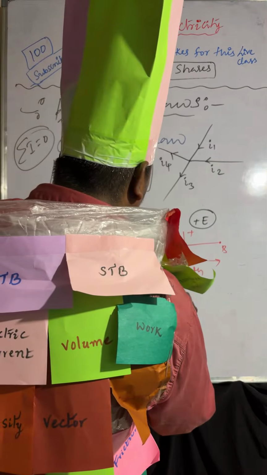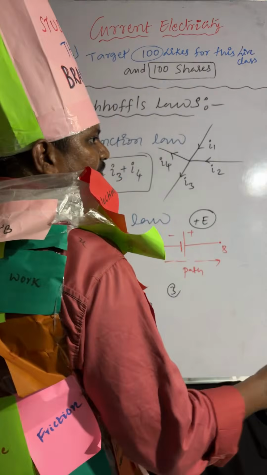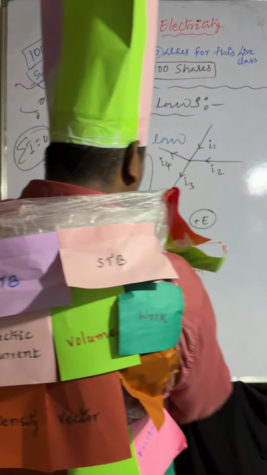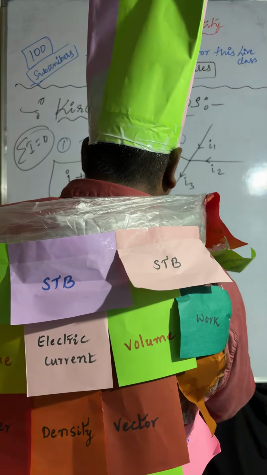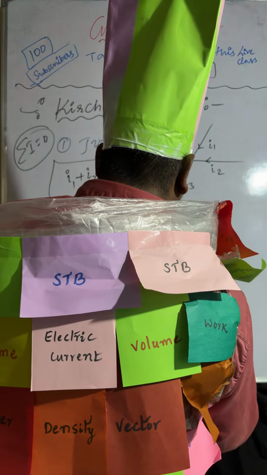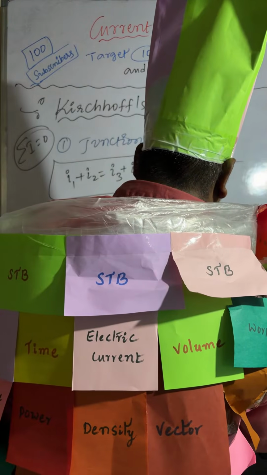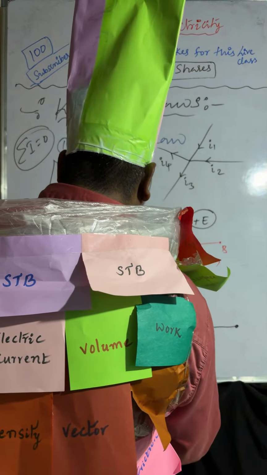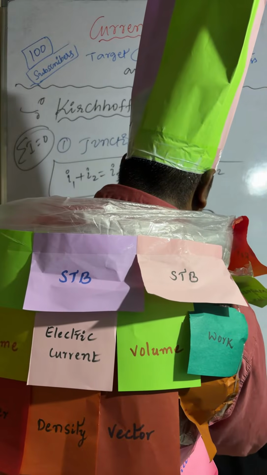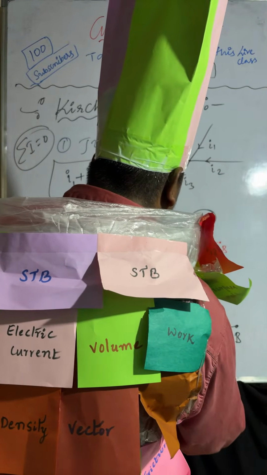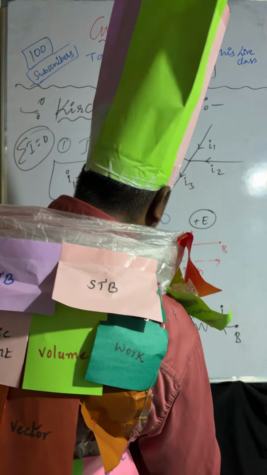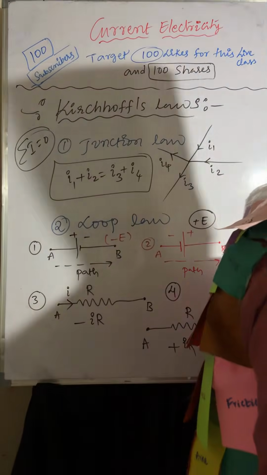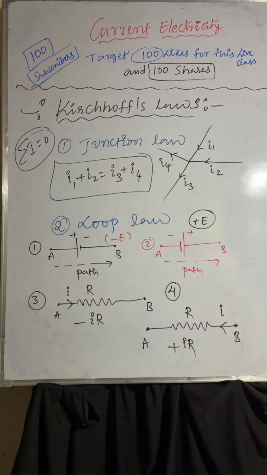Coming to the fourth one, this is the point A to B, and we are moving opposite to the current direction through R. Then V equals positive IR. Understood? So these points are very, very important.